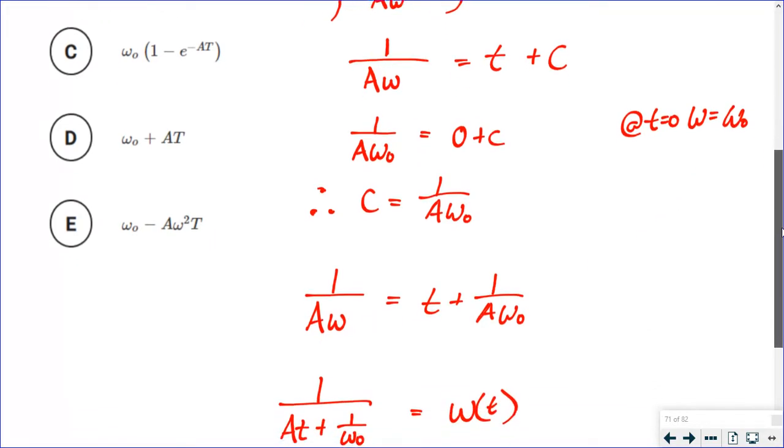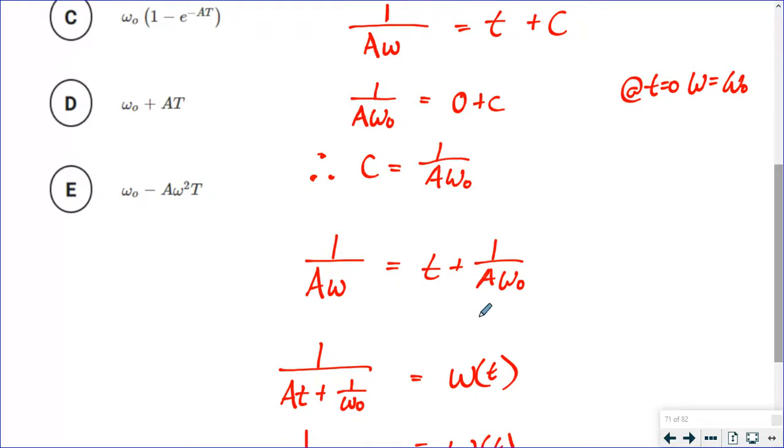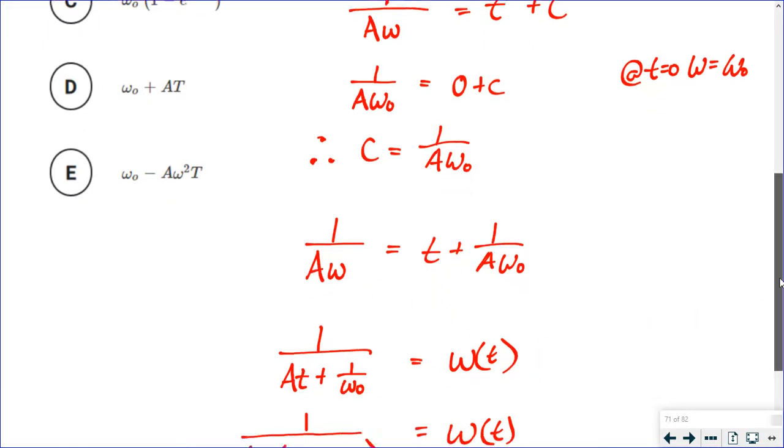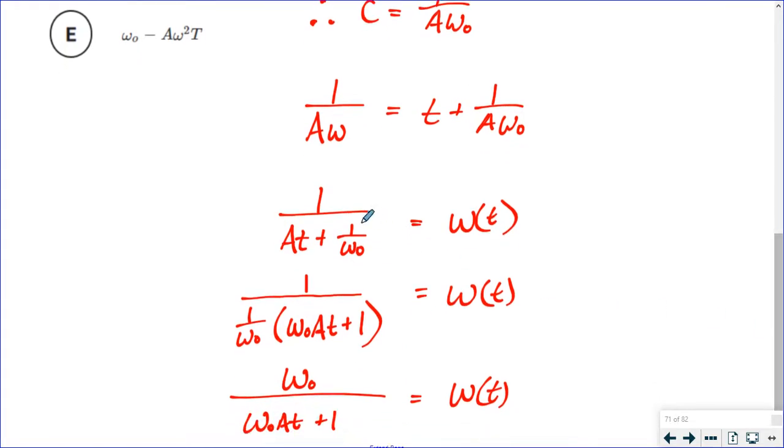So I just need to do some algebraic manipulation here. I take everything on the right side and divide, and multiply by the omega to get it on the right side, and you get this. Your a would cancel, and then the a would distribute to the t. And then I want to get rid of the fraction in the denominator.